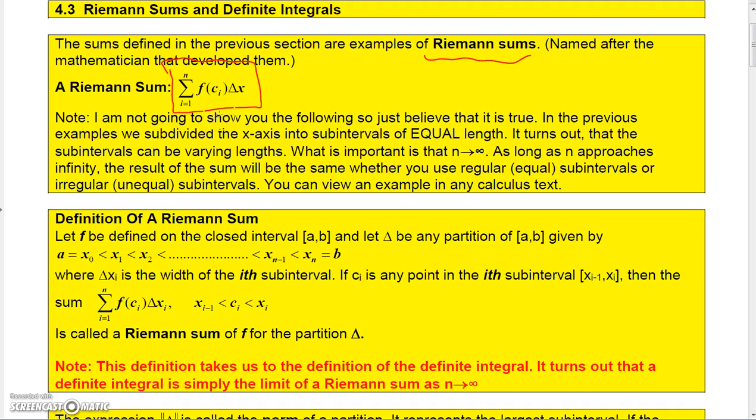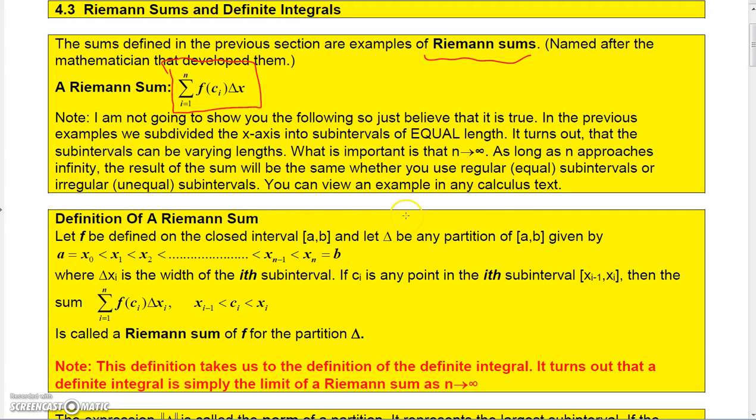Now, I'm not going to show you the following, so just believe it's true, okay? In the previous example, we subdivided the x-axis into subintervals of equal length. It turns out that the subintervals can be varying lengths.